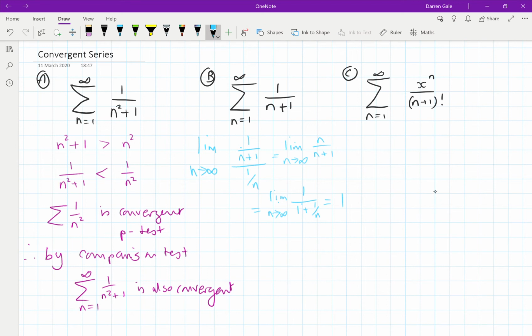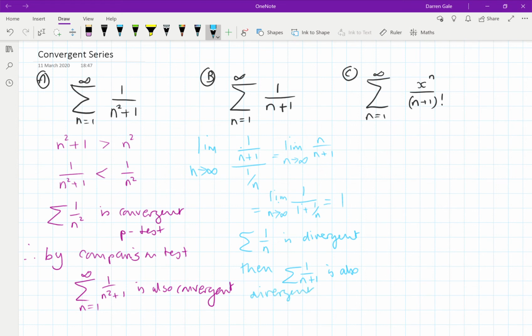Now, in fact, this number could be 0.5, it could be a million, it could be any number, but not 0. If it is a number, then because we know that 1 over n is divergent, and the limit as we go to infinity is a number, the series 1 over n plus 1 is also divergent.